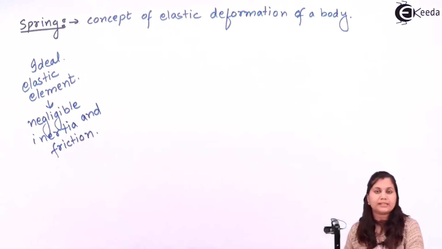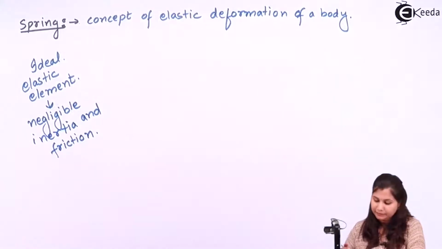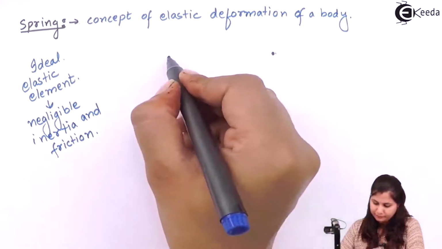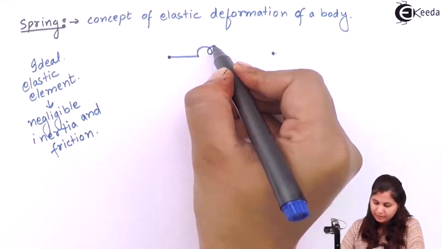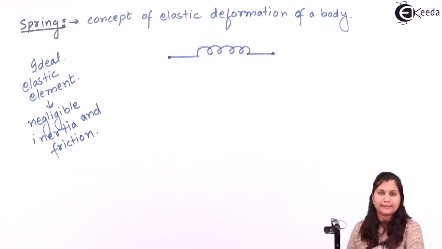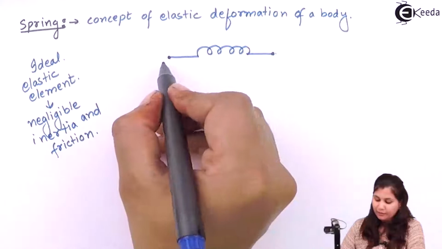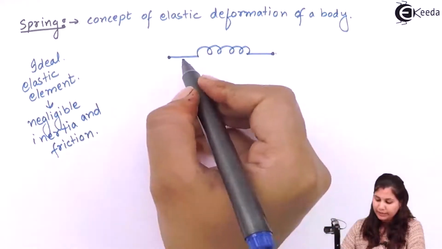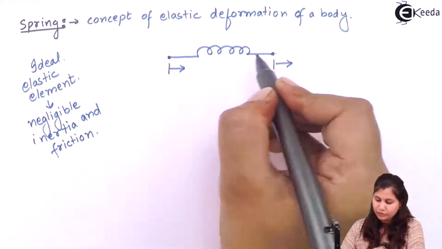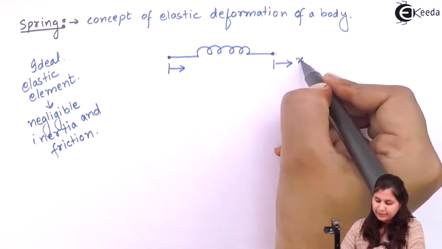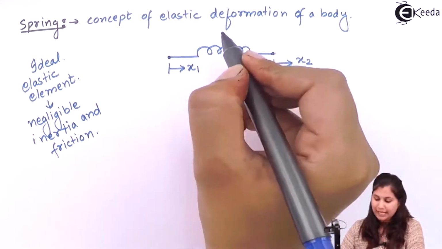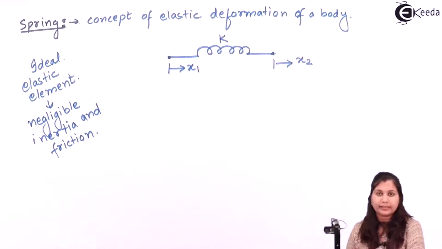So how can we represent an ideal elastic element? We connect a spring between these 2 points. When we apply a force, the spring is displaced from its original shape, and this displacement will be x2 and this is x1. This spring has a spring constant k.